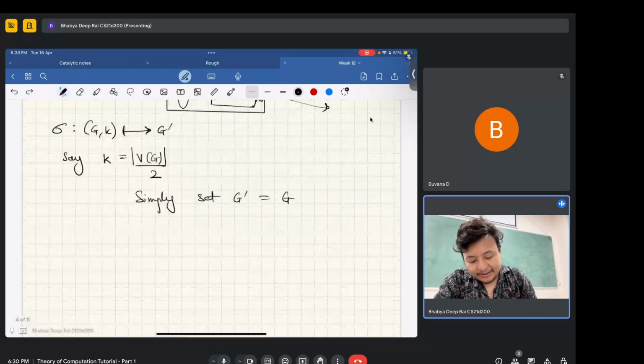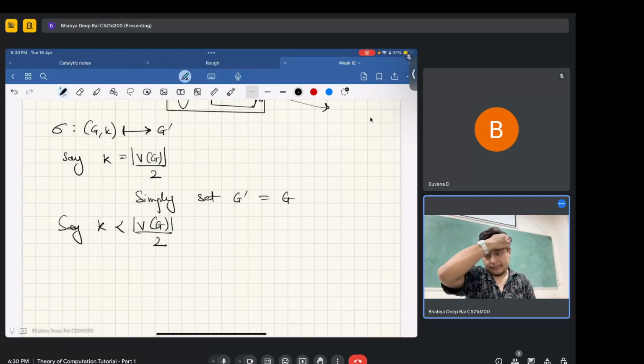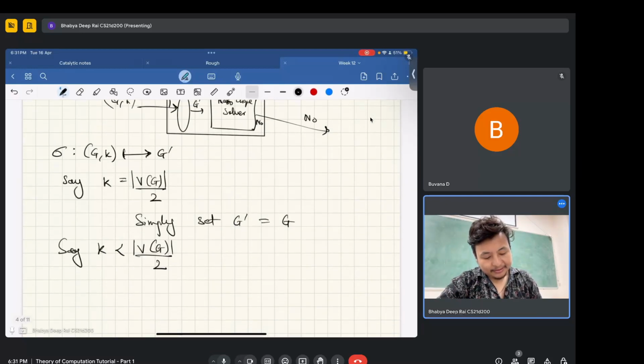Now let's look at other cases. Say k is less than the number of vertices in G divided by 2. So what does it mean?